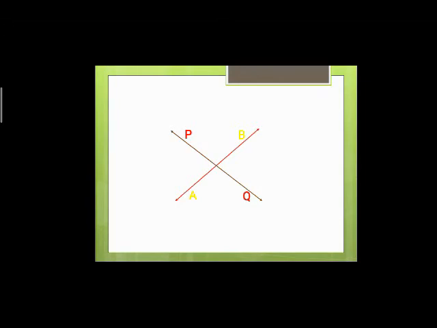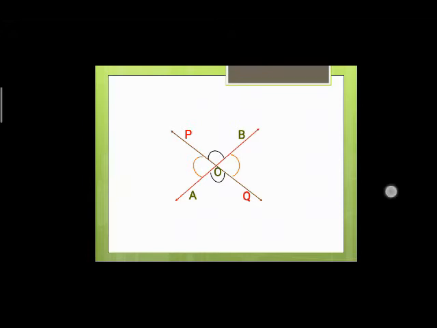Both the lines intersect at point O, and now we have to prove that the vertically opposite angles, angle AOP and angle BOQ, are congruent, and also that angle BOP and angle AOQ are congruent. So we have to prove that both pairs of opposite angles are congruent.